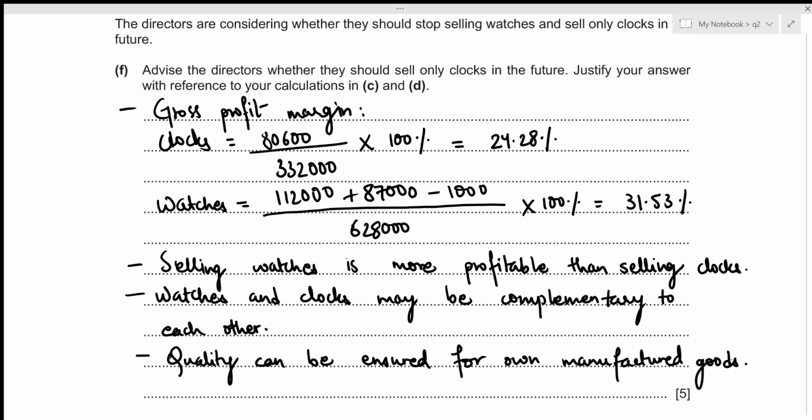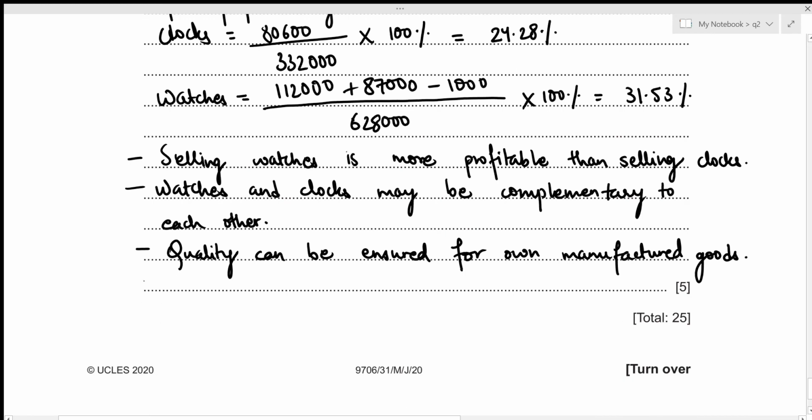Alright, now based on these factors, we now need to advise the directors whether they should sell only clocks in the future. So we can clearly see that watches produce more profit, and we can check quality if we produce goods on our own. So I would definitely advise that they should not sell only clocks in the future. Let's write our decision clearly.